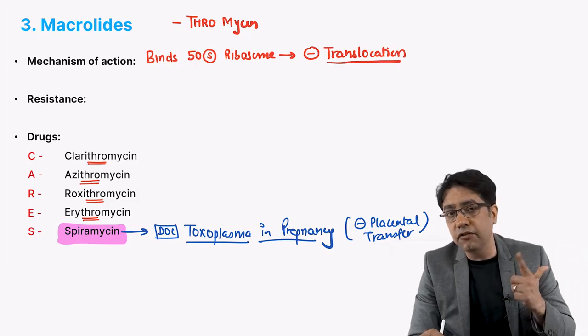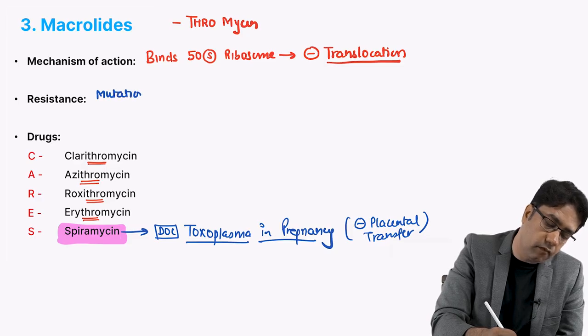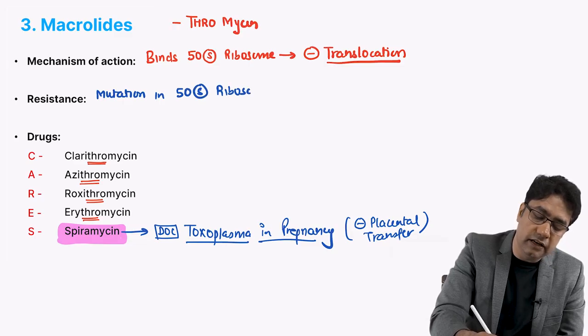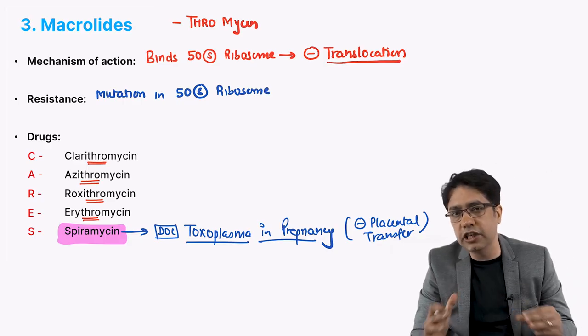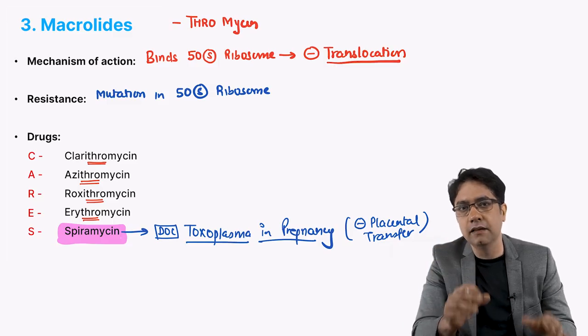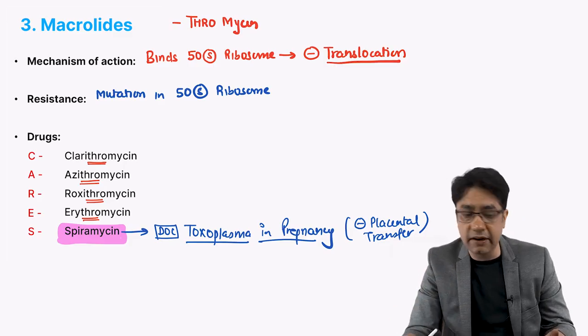So what is the cause of resistance to macrolide? Very logical, mutation in 50S ribosome of the bacteria. If the ribosome becomes changed, can we say macrolide will not be able to bind to these 50S ribosome?